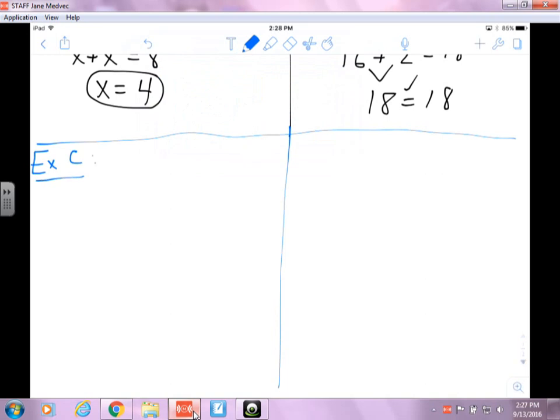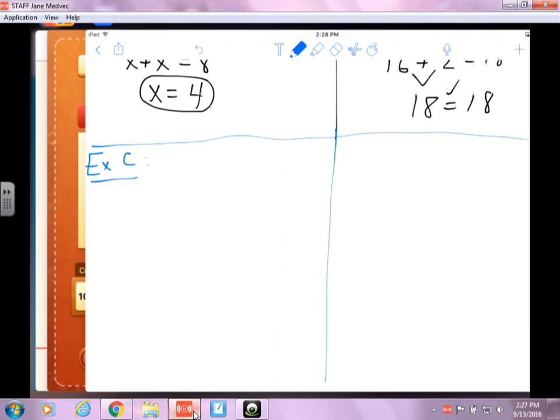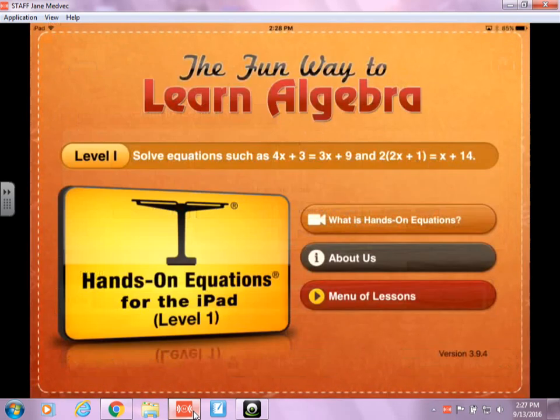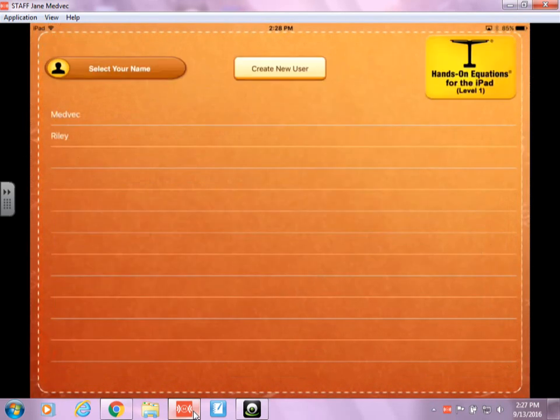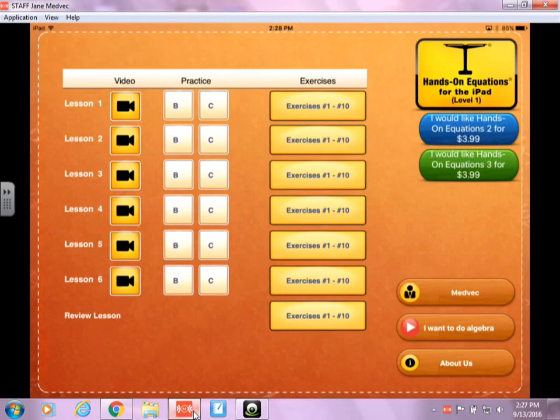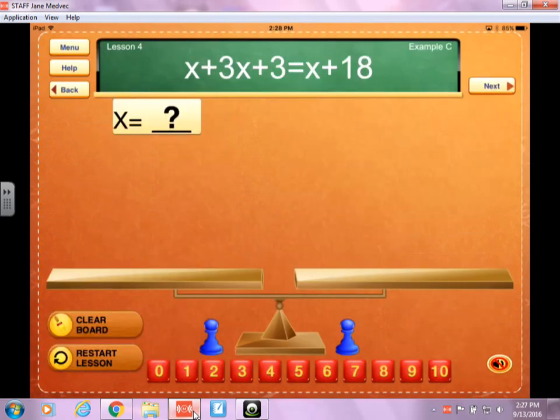Okay, I'm going to go back to my app now. And again, it's going to kick me out, which is okay. 4C. Okay, so here is the problem. It's x plus 3x plus 3 equals x plus 18. Okay, so let's set this up on my app.